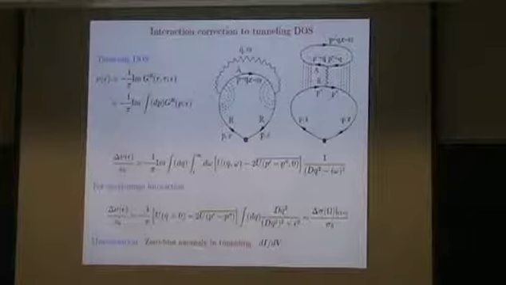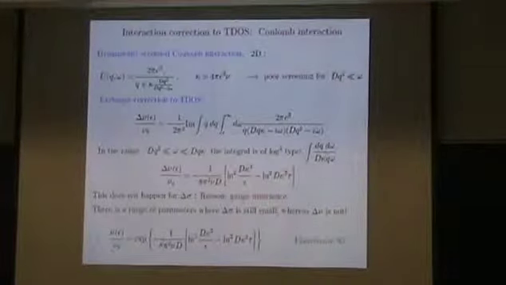Without interaction, I told you that there was no other parameter in the theory, and the density of states was uncritical. It was just unchanged by localization effects. So with interaction, there is a correction. For short-range interaction it is logarithmic in 2D.